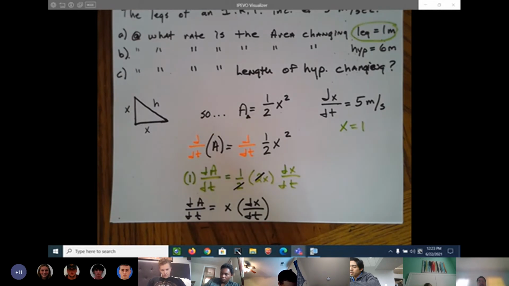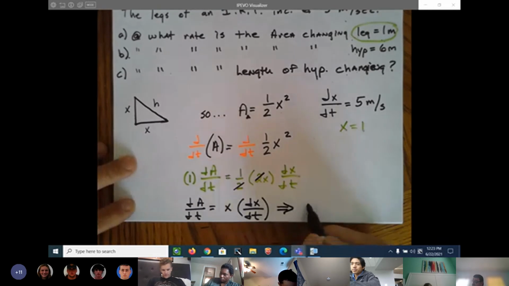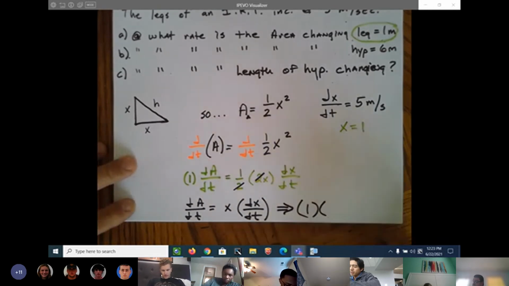So the area with respect to time is equal to x times the rate of change of x. So somebody tell me what we're going to plug in. 1 times what? dx over dt.